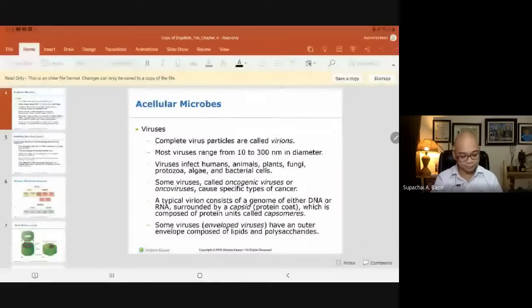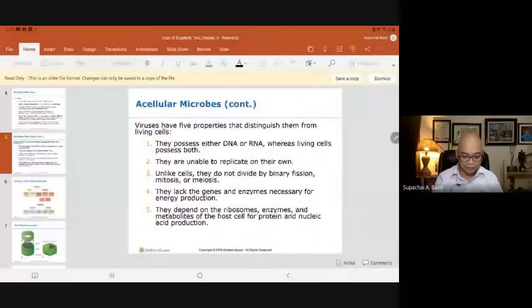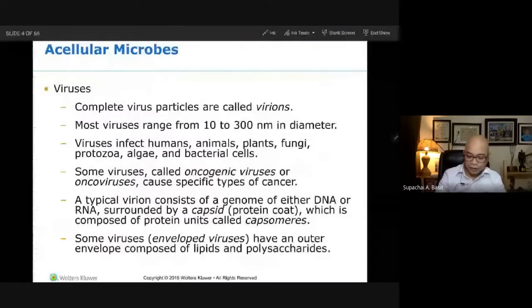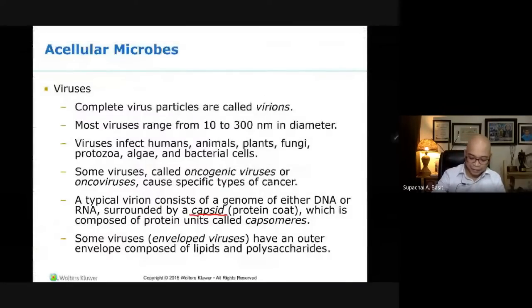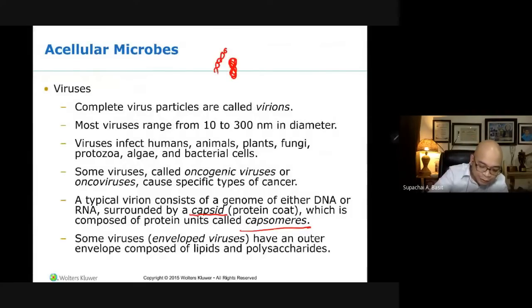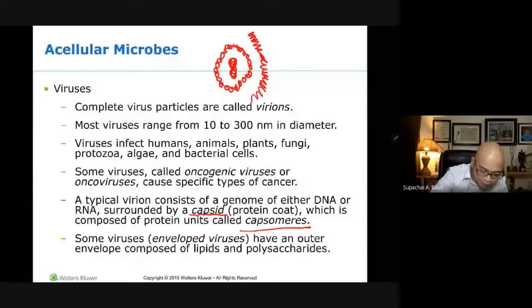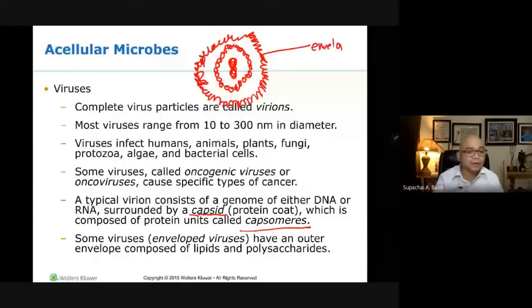Okay, so I've shown you already the capsid and then the capsomer. A while ago, I drew a virus and then I drew a capsid. Now some viruses are covered by a lipid part. This would be the envelope. Not all viruses have an envelope.